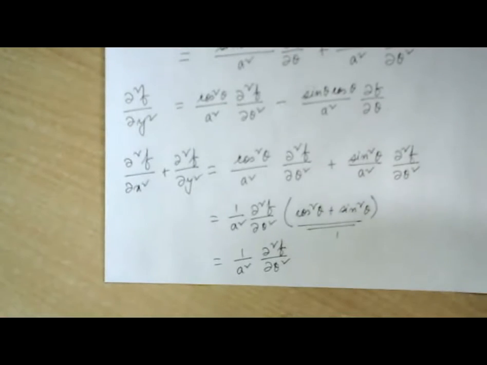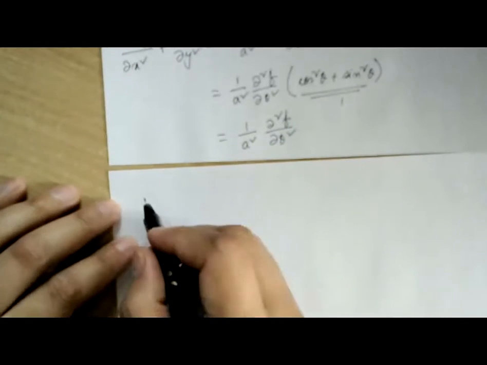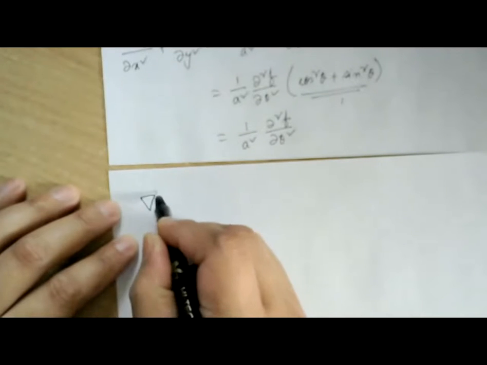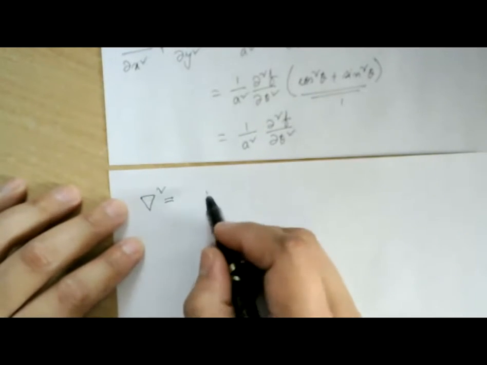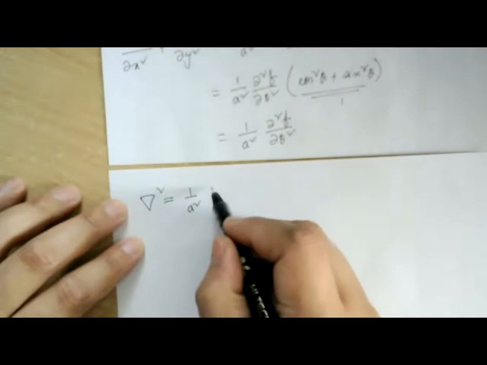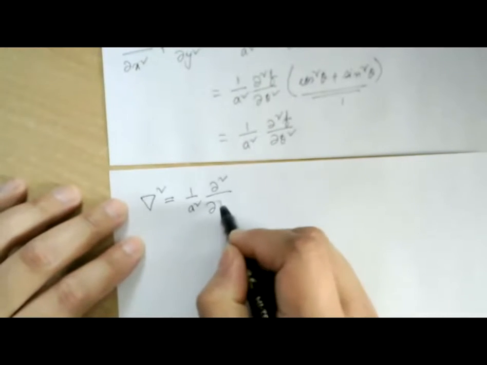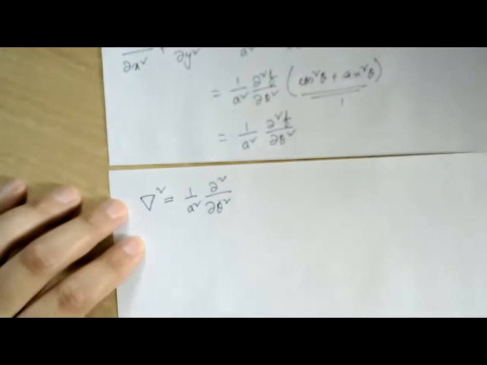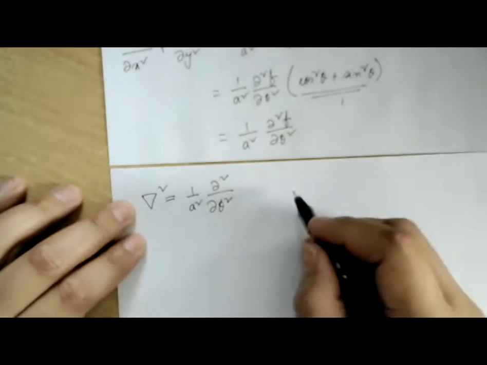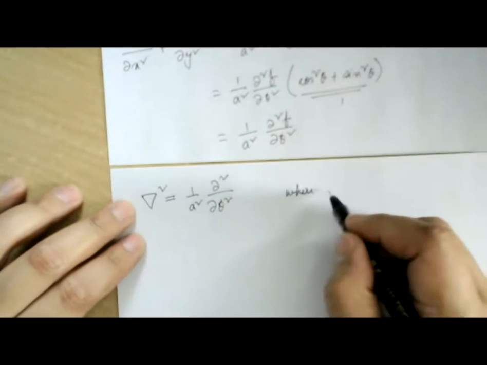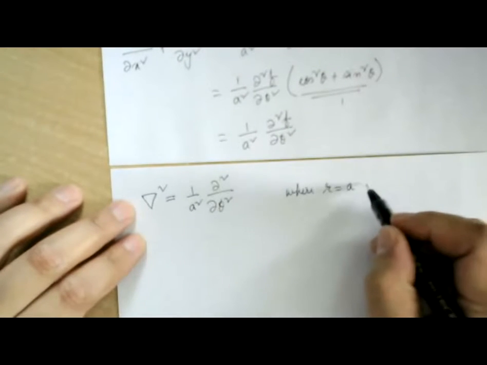So what does this mean? This means that the Laplacian operator is 1 by a square del 2 by del theta square in polar coordinates where r equal to a, which is a constant.